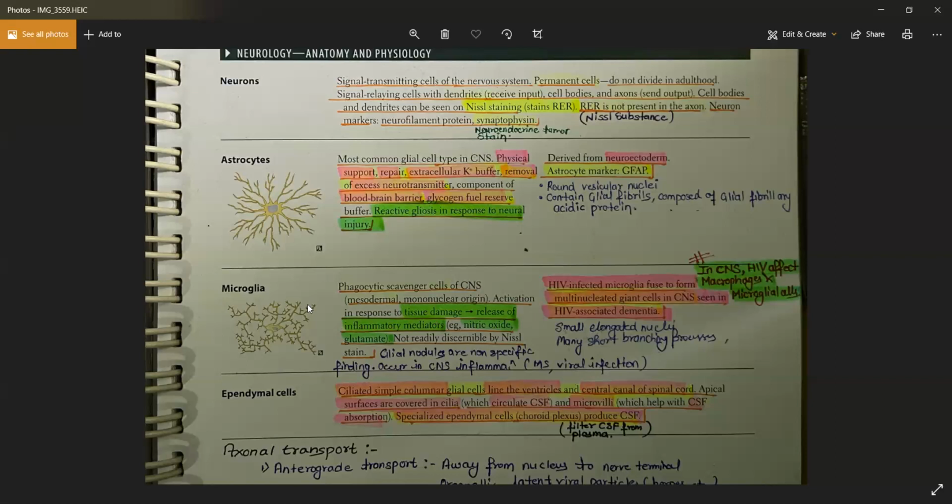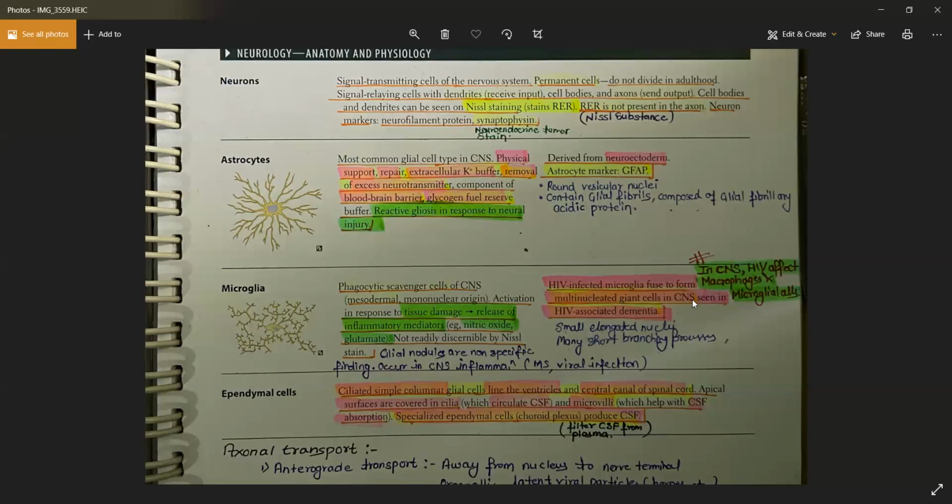And the HIV in the brain will affect these microglial cells. Whenever HIV affects the microglial cells, it will cause a fusion of the microglial cells and can form multinucleate giant cells in the HIV and in HIV associated dementia, because whenever you have HIV, you can have dementia also, and you call it HIV associated dementia.